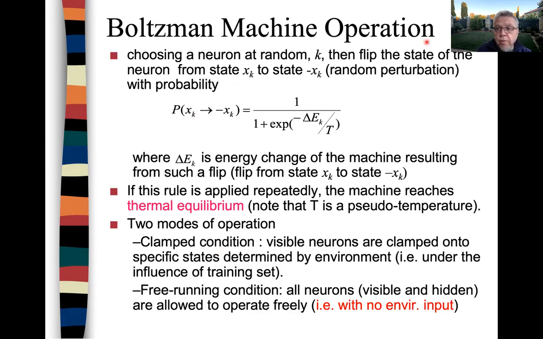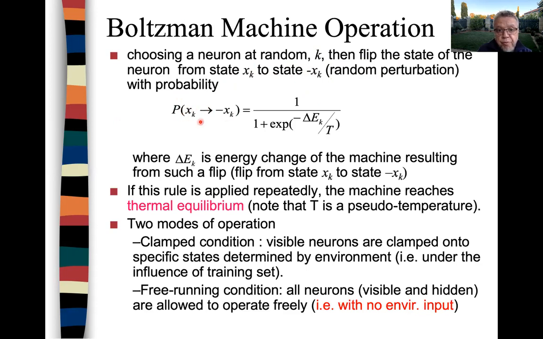So how does the Boltzmann machine operate? You choose a neuron at random, k. You go to your machine, pick any neuron at random, and then you flip the state of the neuron from state x_k to state -x_k. So if it was in state +1, you flip it to -1. This is a random perturbation with a probability.